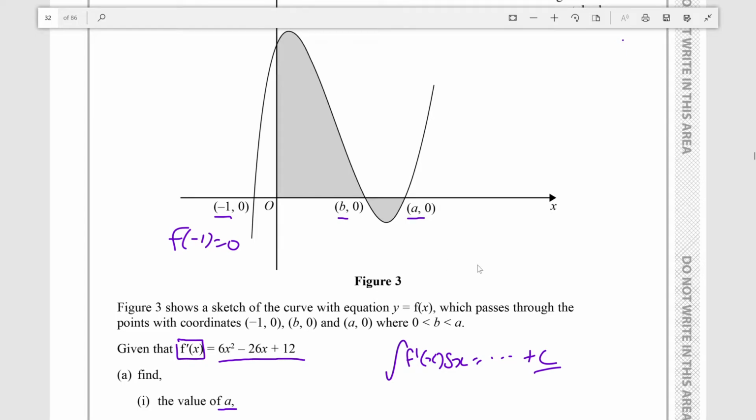Then we will divide f(x) by either x plus 1 or some multiple of x plus 1 in order to find a quadratic equation that we can solve for the other two values, because this is a cubic equation currently, and we want a quadratic equation, which will be easier to solve, and we can find the values of b and a.